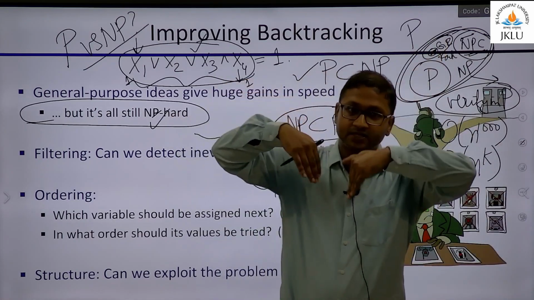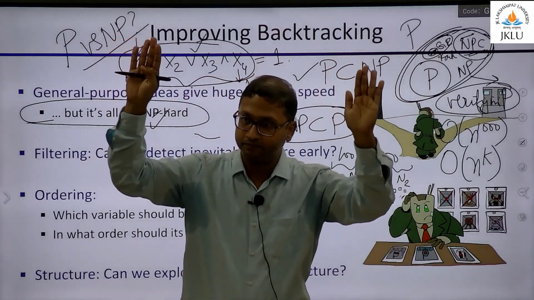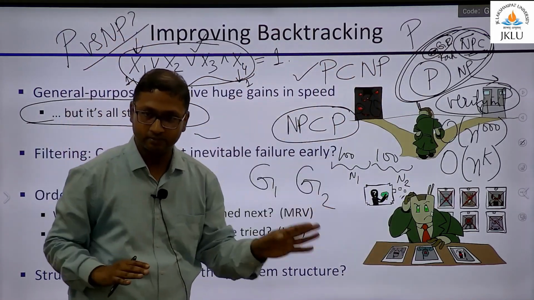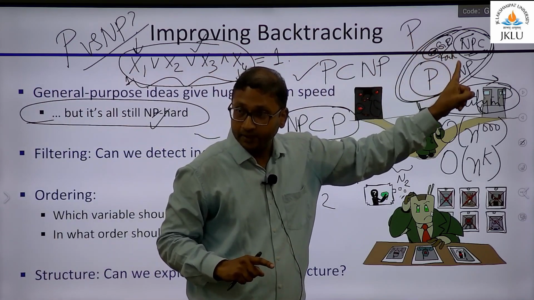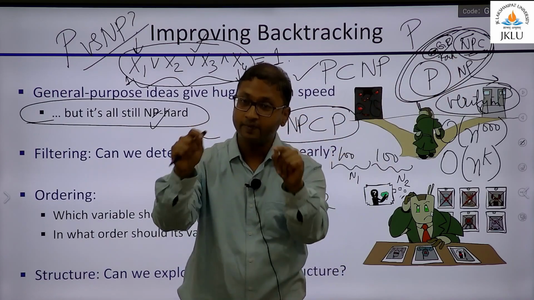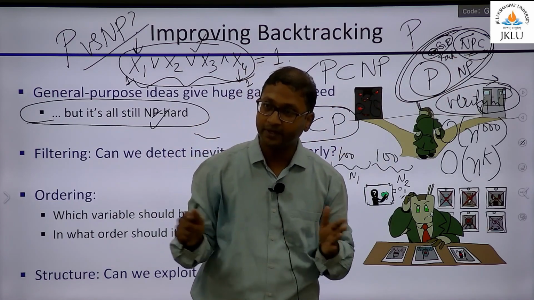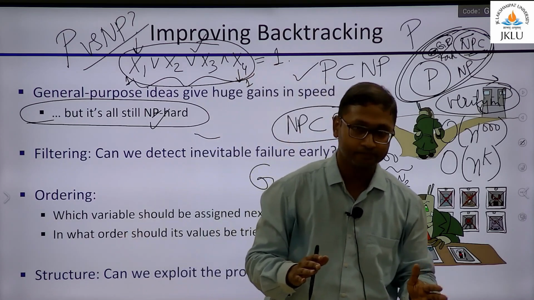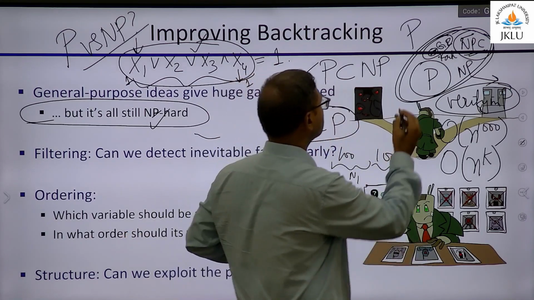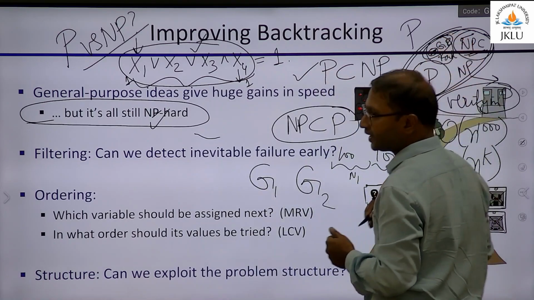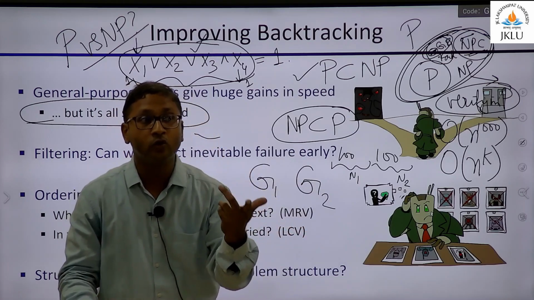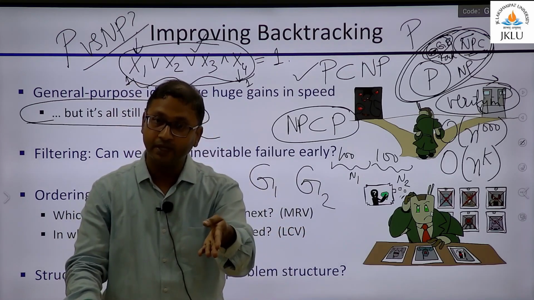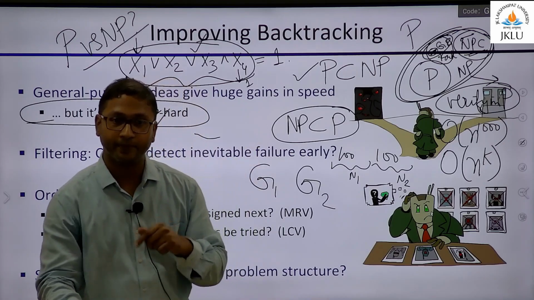So NP hardness is an even harder thing. If a problem is known to be in NP and NP hard, then it becomes NP complete. That's why you don't have these problems as NP complete, because they are in NP, but they are not known to be NP hard.